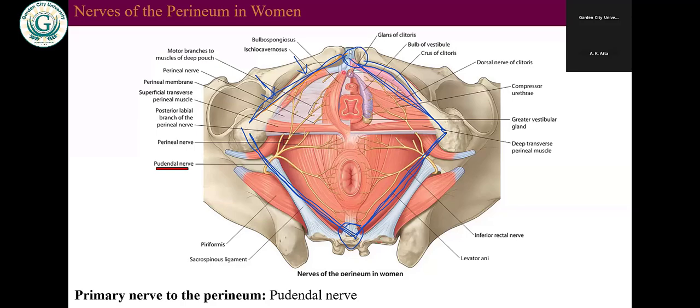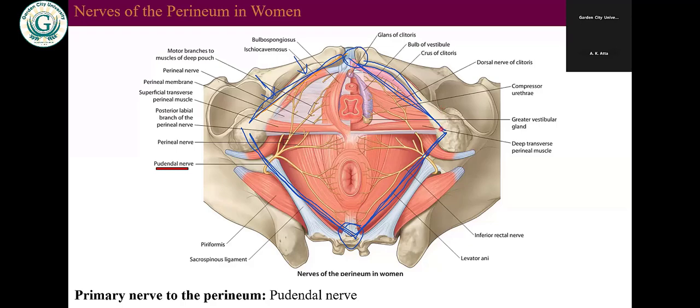So I repeat, anteriorly the pubic symphysis, anterolaterally the ischiopubic rami, laterally the ischial tuberosity, posterolaterally the sacrotuberous ligaments. Then posteriorly, we have the coccyx. So this diamond-shaped area is what we refer to as the perineum.